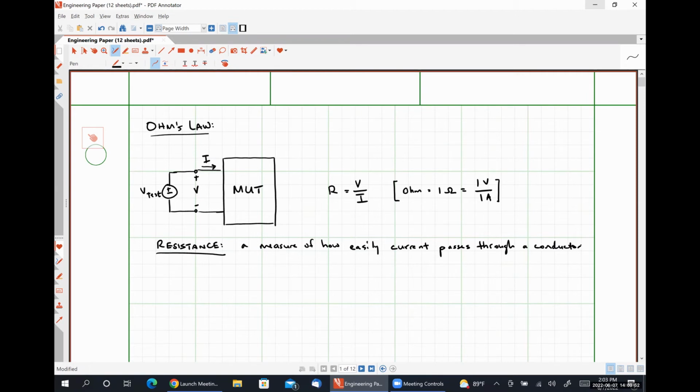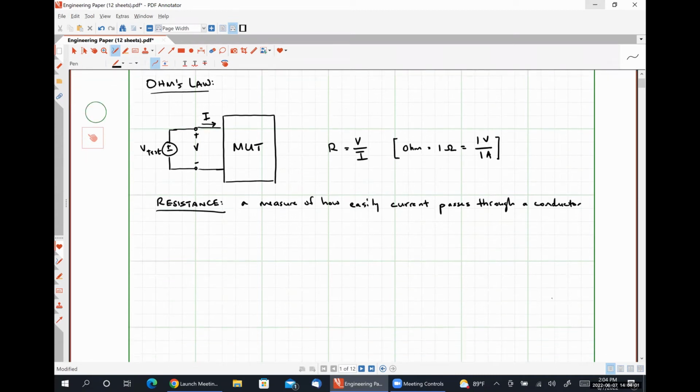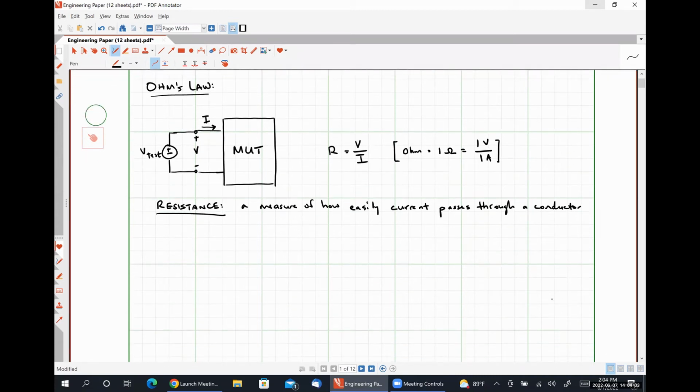And this property is likely what many of your first experience with resistances was. As part of the Engineering 120 class, on your first or second day of classes, you were asked essentially to design a small circuit that would cause a light-emitting diode to blink.